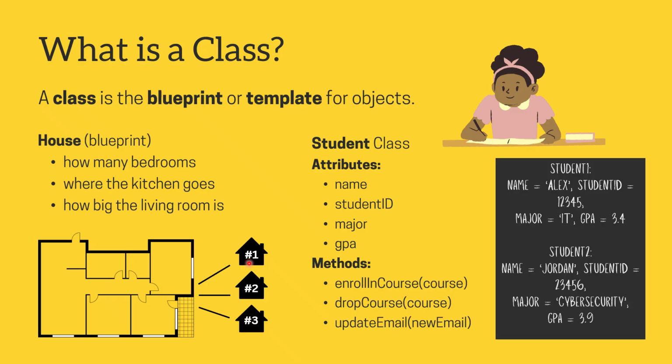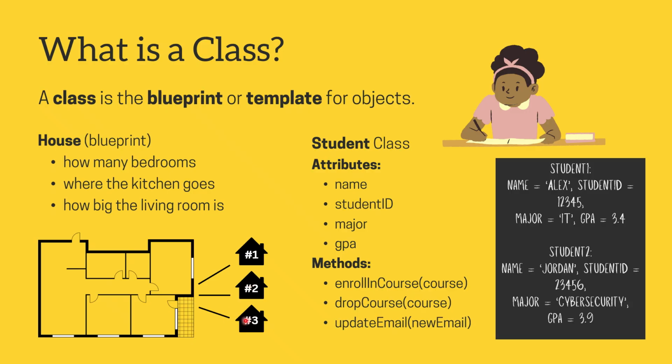But what it does is it describes how the houses are built from it and what those houses are going to look like. So it'll describe like how many bedrooms. It'll show like where the kitchen goes. It'll show like how big the living room is. So from that one blueprint, we can build house one, which would be like maybe 123 Main Street. We could build house two, which is like 456 Oak Avenue.